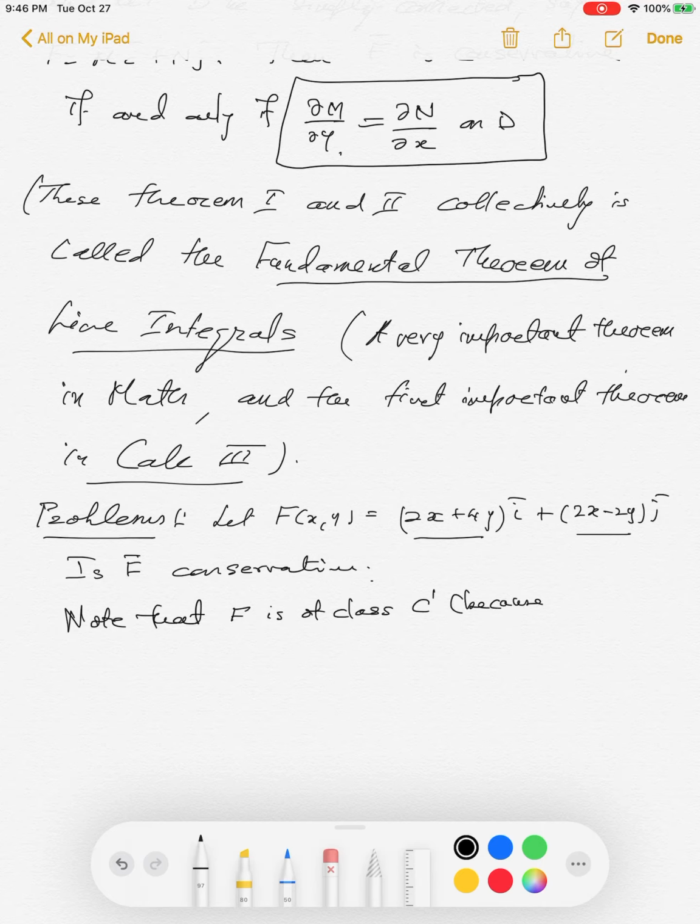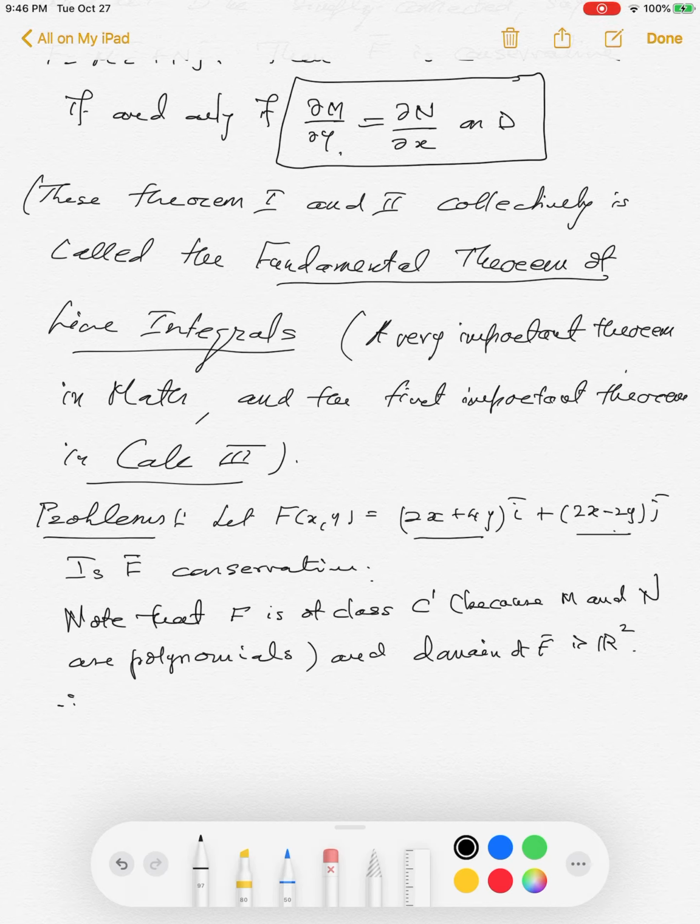Note that F is of class C1 because M and N are polynomials. So you can differentiate them as many times as you want. So certainly 1 times. And the domain of F, again, these are polynomials, so the domain is all of R2. And the domain of F bar is R2, which has no holes.